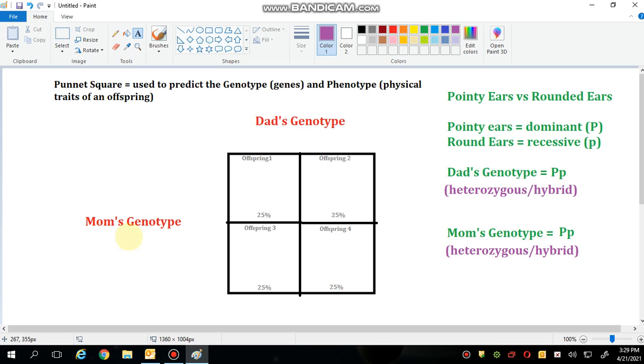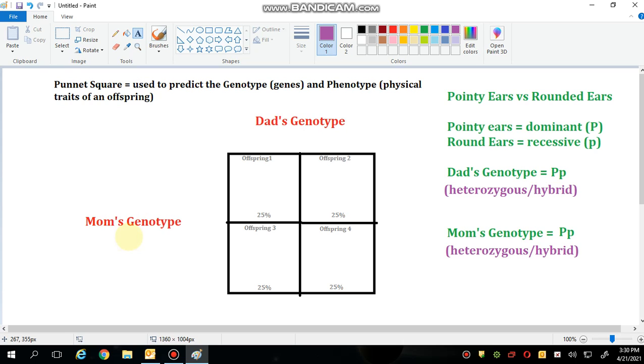It's dominant. And because it's dominant, I gave that dominant gene a capital P letter, because if it's capital, it's dominant. Round ears, smooth ears, non-pointy ears are recessive. So they're weak, inactive genes. And so I gave it a small letter, lowercase p.